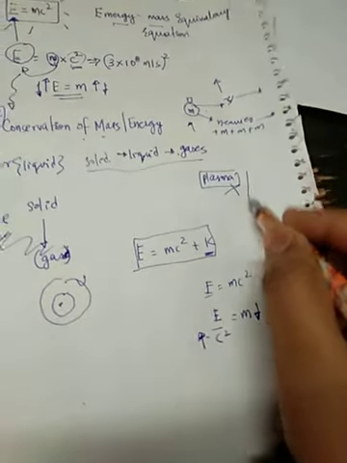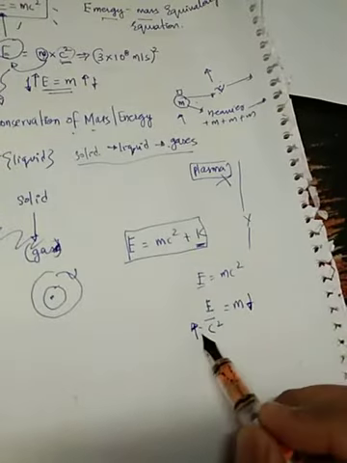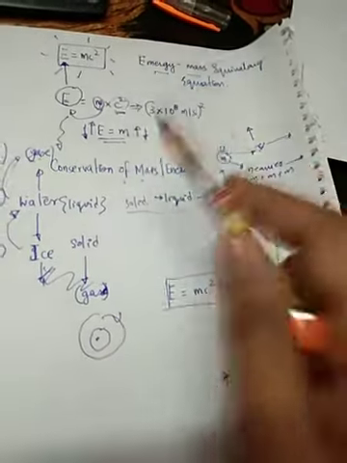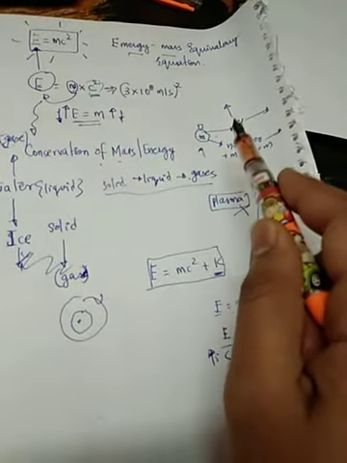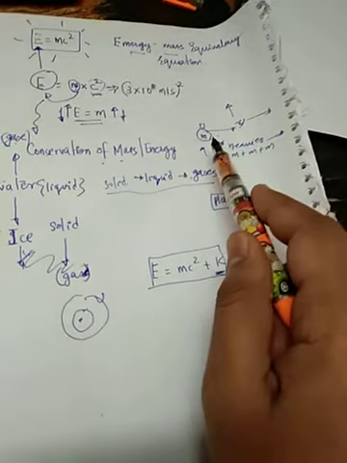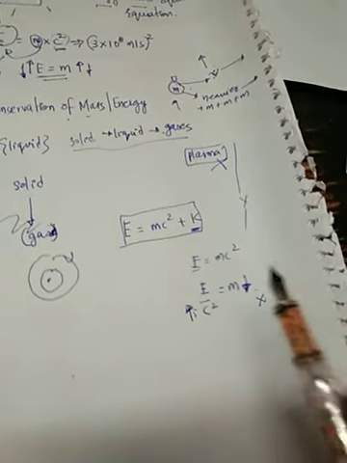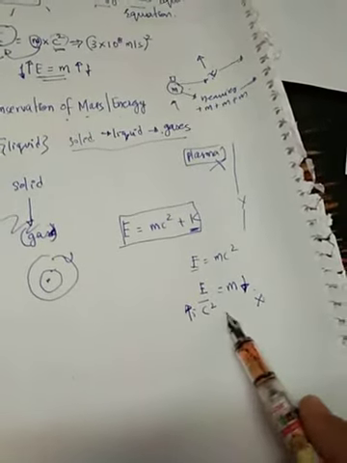So this is completely contradicted, right? This equation is not showing that if I increase the speed, your mass is going to be heavier, because it is for stationary objects.